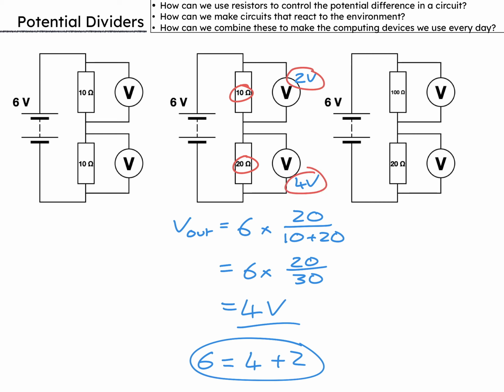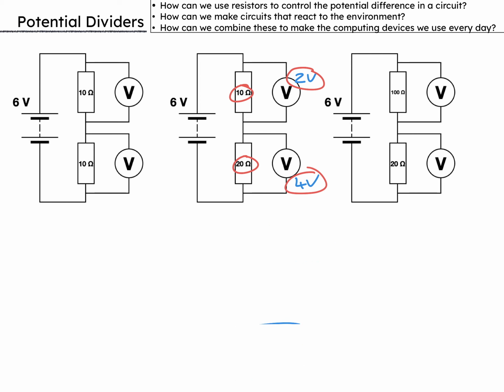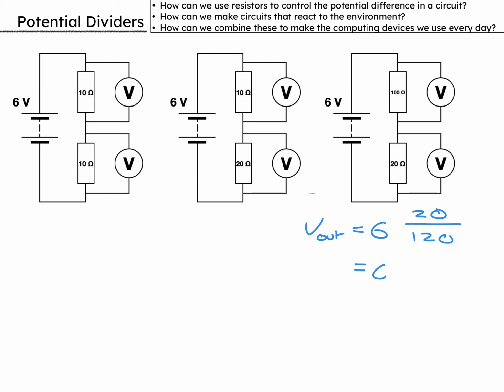The last one is not so simple, but let's just use the equation. So V out equals 6 times 20 over 120, which is 6 times 1 over 6, which cancels out luckily to give me 1 volt.